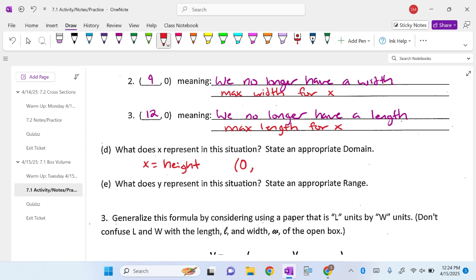12. It can't go past what? 9, right? So we could technically have cut off slightly bigger than an 8 by 8 box. We could have done an 8.5 by 8.5. We just can't do 9.